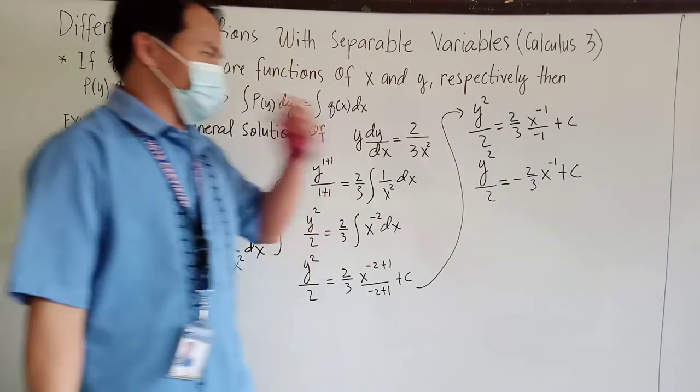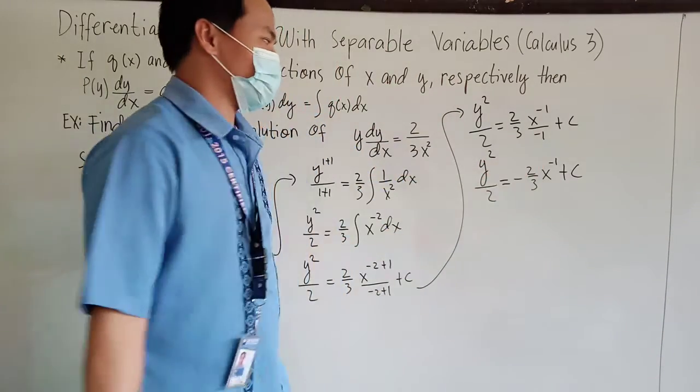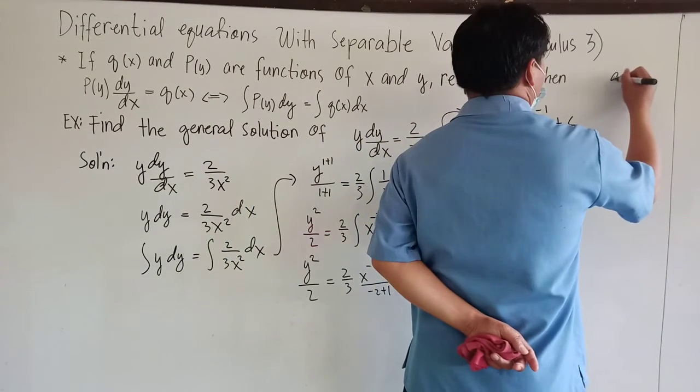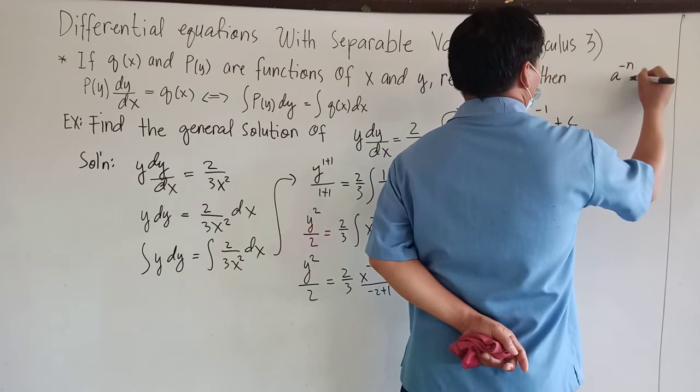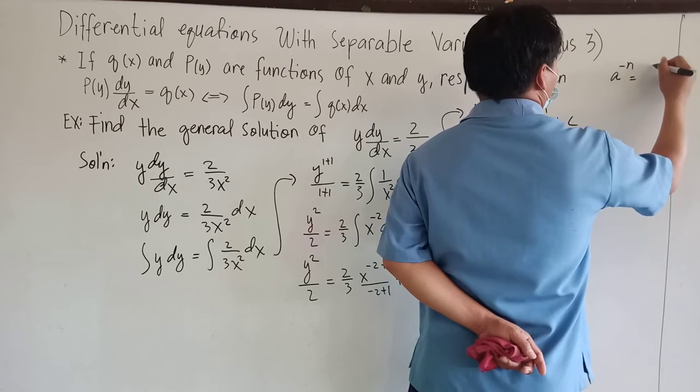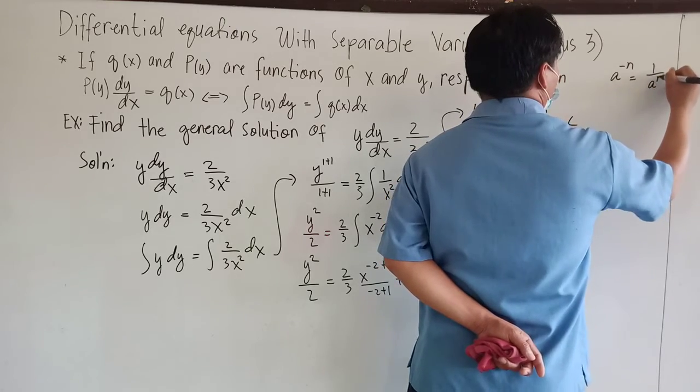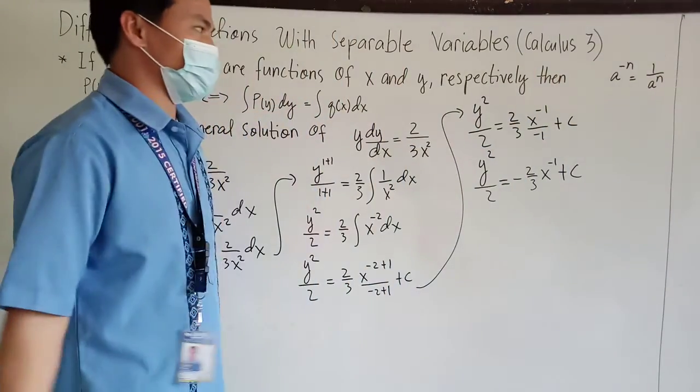Then simplifying, because we still have a negative exponent, we can make use of the property a to the power of -n is equivalent to 1 over a to the power of n. So that is the negative exponent property that we will be using.